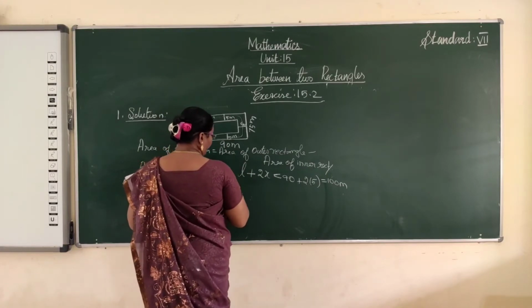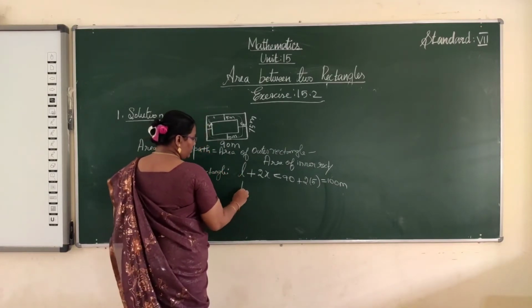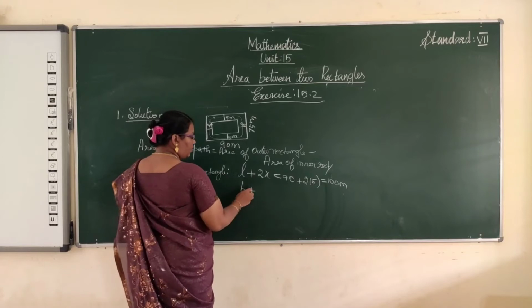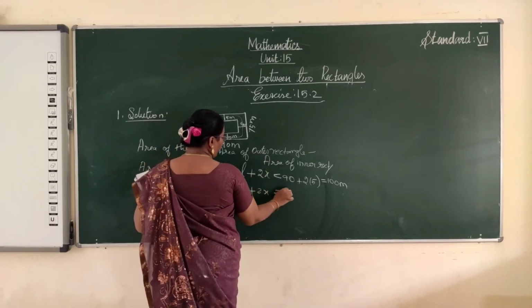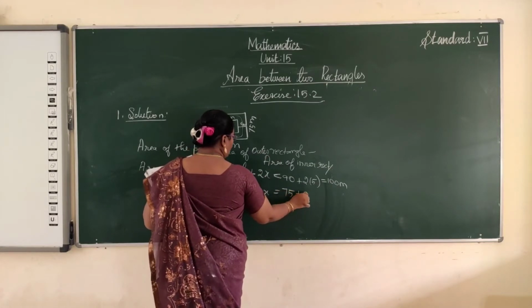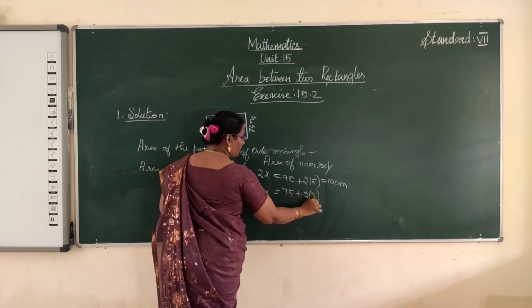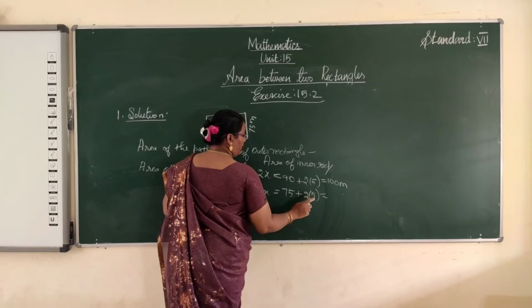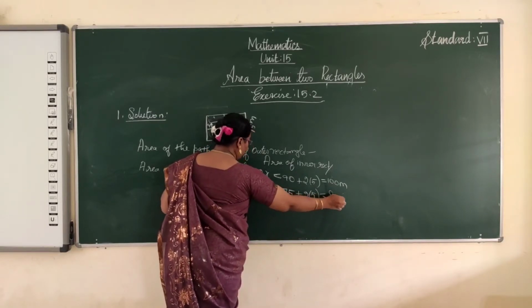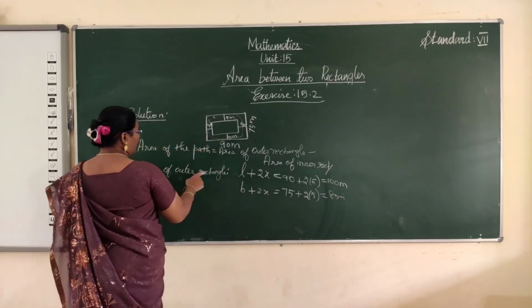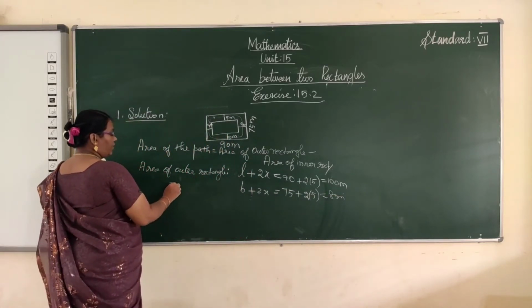First we found the length, and next we calculate the breadth. So b plus 2x, the breadth value is 75, plus 2 into x, so 75 plus 10, 85 meter. Now we calculate the area of the outer rectangle. What is the formula?